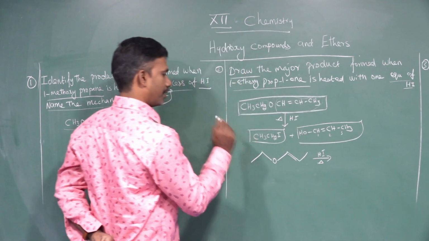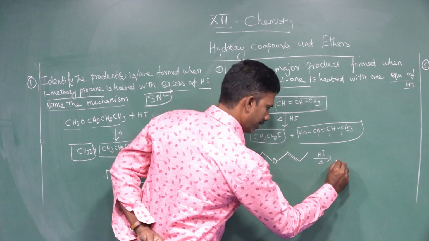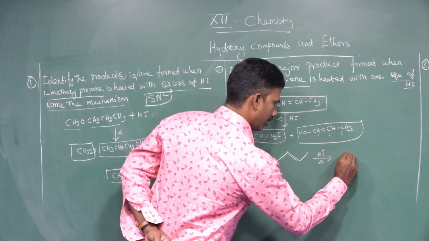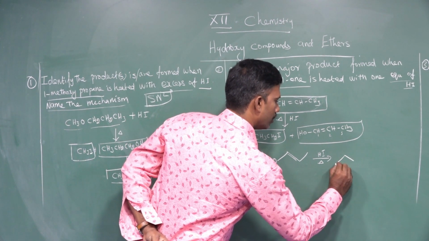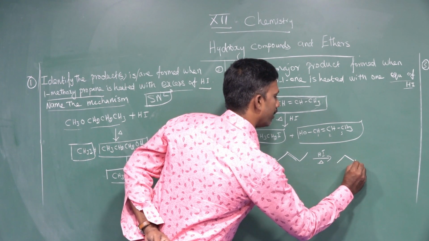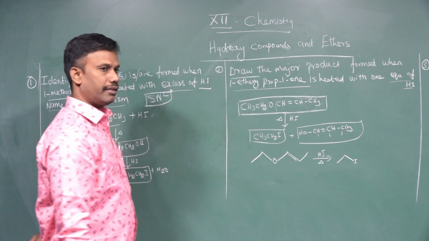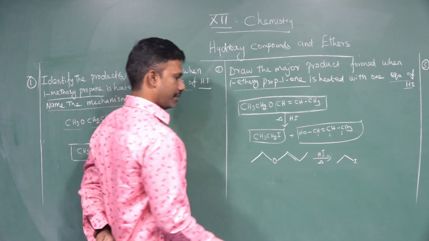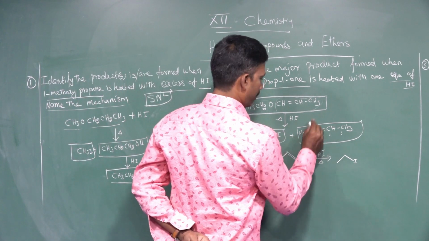what is the product? Ethyl iodide. How am I writing it? Look there: CH3, CH2I, ethyl iodide, plus what is the name?